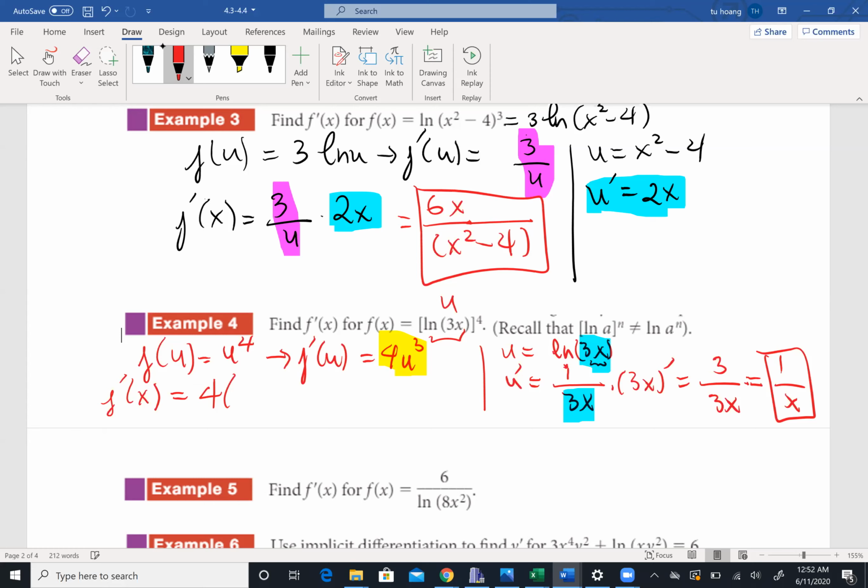So I'm gonna put ln of 3x to the power third and multiplied by u prime, which is 1 over x.